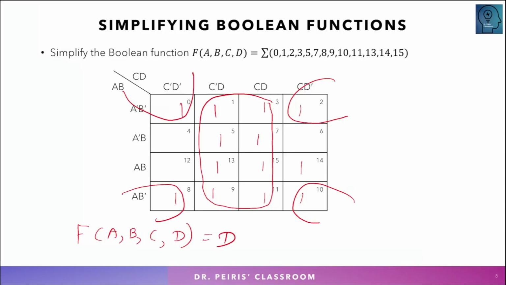So these 4, this one, this one, this and this, they make a single group because they are all adjacent. So you can make a group like that for the corners very easily. Now how do we find the common term for that? What's common for the first and the fourth row? B prime is common, and they are on the first and the fourth column, so D prime is common.